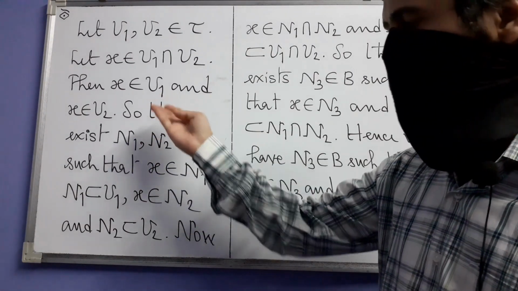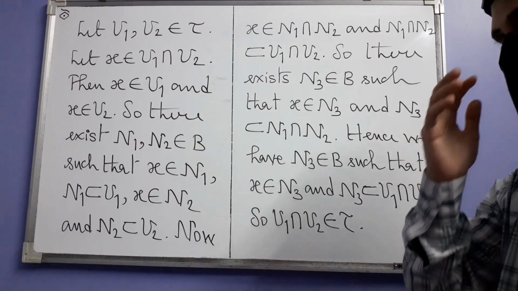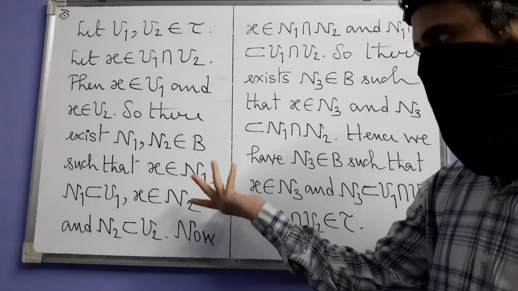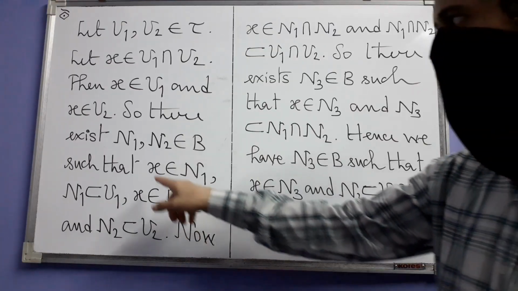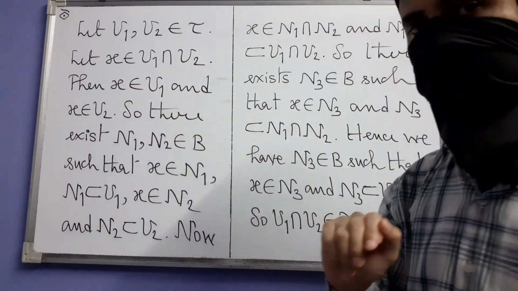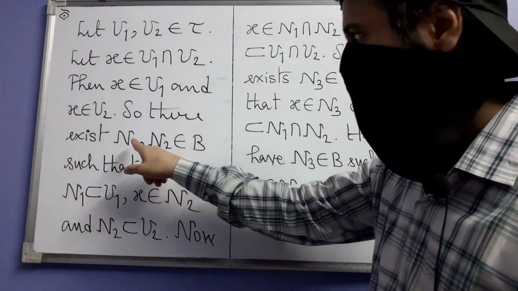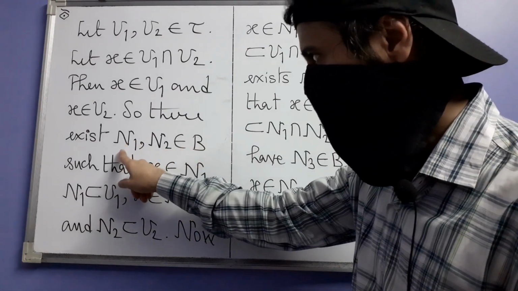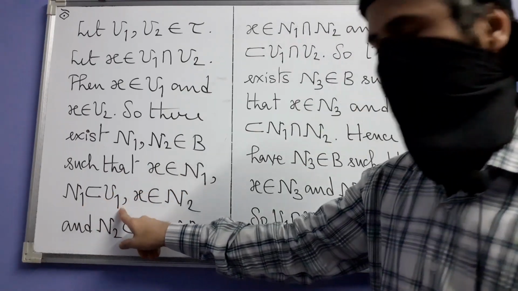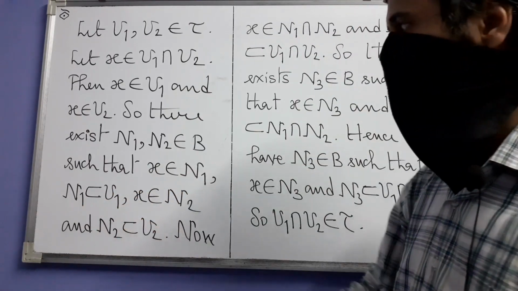Then X is in both U1 and U2, and because they are elements of tau, for this point X being in U1, you will have a basis element N1 which will contain X and will itself be contained in U1.